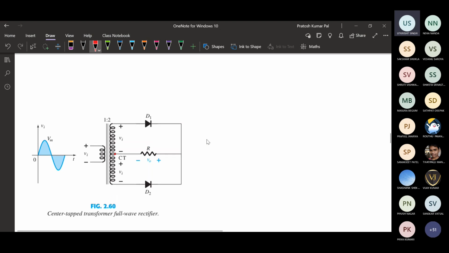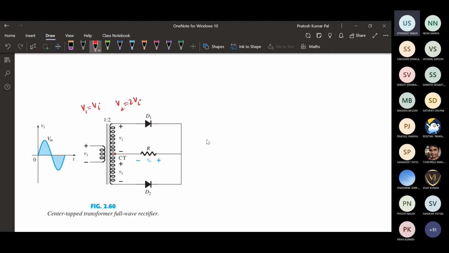Here we are applying V input. The coil has a number of turns ratio of 1:2. That means if we apply input V1 or Vi, the output we will be getting is 2Vi. So V1 is Vi, then V2 will be equal to 2Vi, because the number of turns is 1:2.